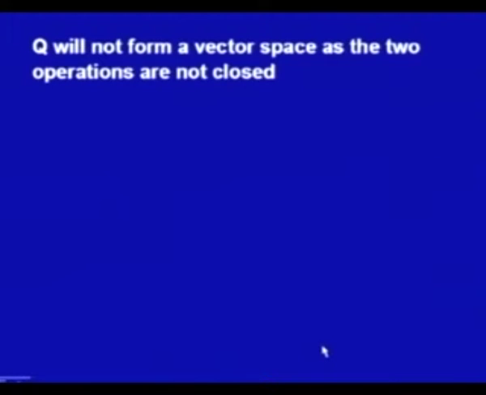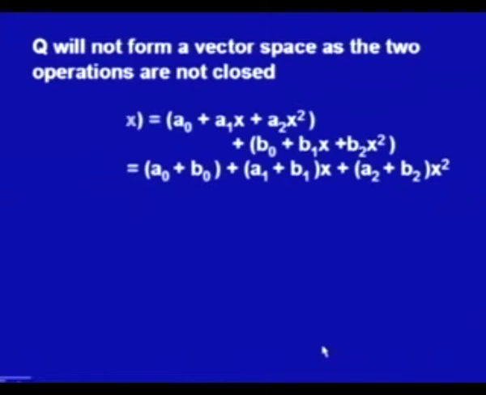Now, one may notice that this Q will not form a vector space as these two operations are not closed. By this I mean that if I add the two polynomials p_2(x) and q_2(x) belonging to the set Q, then the resulting polynomial is (a_0 + b_0) + (a_1 + b_1)x + (a_2 + b_2)x² according to the definition which is given to us.